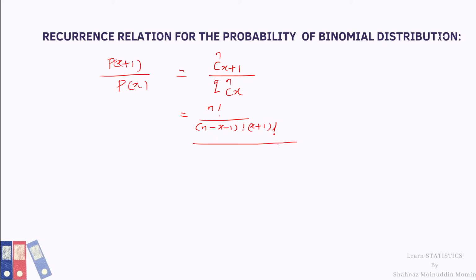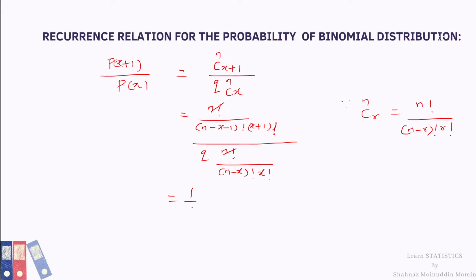This whole thing is divided by n factorial upon n minus x factorial into x factorial. We are using the formula nCr is equal to n factorial upon n minus r factorial into r factorial, combination of n values taken r at a time. So this n factorial gets cancelled.